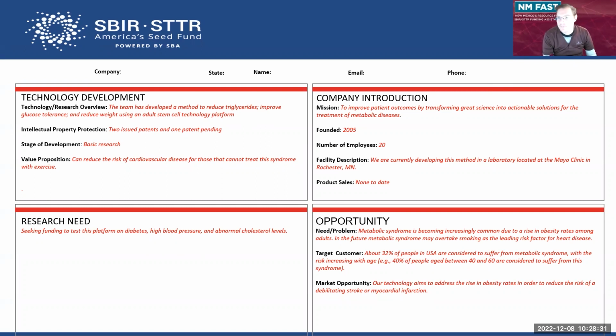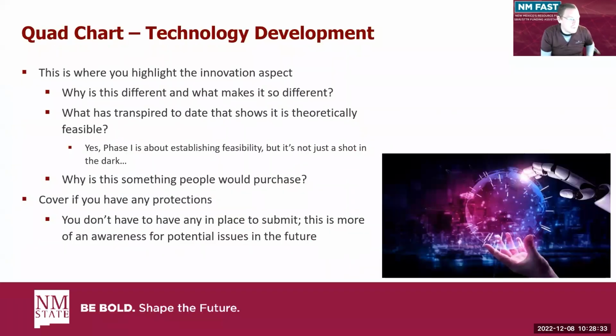But, quad chart. So the first quad in the quad chart is the technology development. This is where you highlight not only what is innovative about the idea, but what you have already done. Where are you at in that developmental stage?